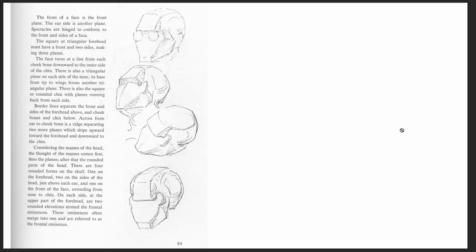Now here is where he sort of describes the big general planes. As you can see within the head sphere, he has a very distinct forehead, which is important because it overhangs the eye sockets, and the eye sockets are an undercut to the forehead. The forehead also has a transitional plane before it reaches the temple, which is this edge right along here.